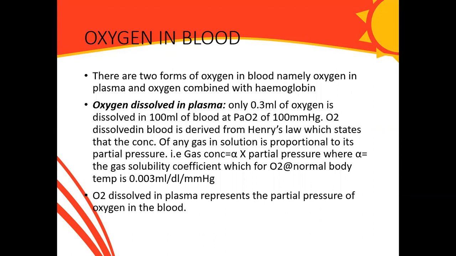And this follows Henry's law, which states that for any gas in solution, the concentration of the gas is proportional to its partial pressure. So oxygen dissolved in plasma constitutes the partial pressure of oxygen that is recorded in the blood.